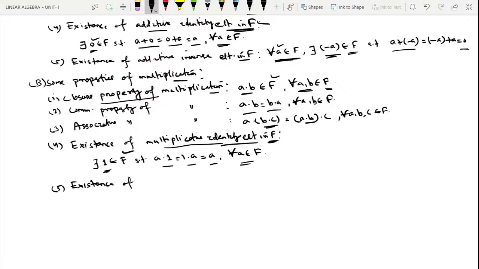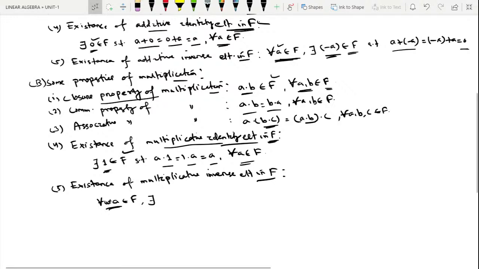Existence of multiplicative inverse element in set F. For all non-zero A belonging to F, there exists 1/A belonging to F such that A times 1/A equals 1/A times A, which is 1.